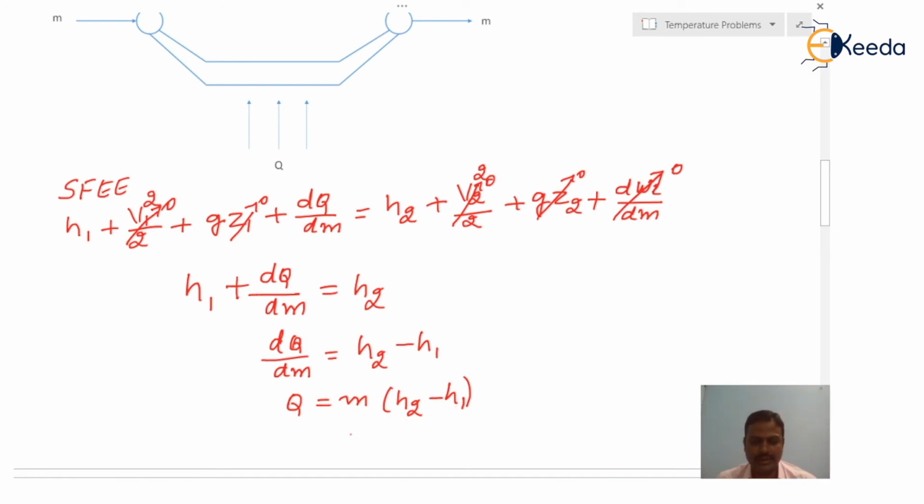Here the increase in enthalpy from h1 to h2 is equal to the heat supplied to the fluid, that is water, that is flowing inside the boiler tubes. So this is the result of the first law of thermodynamics applied to a flow process in case of boiler.